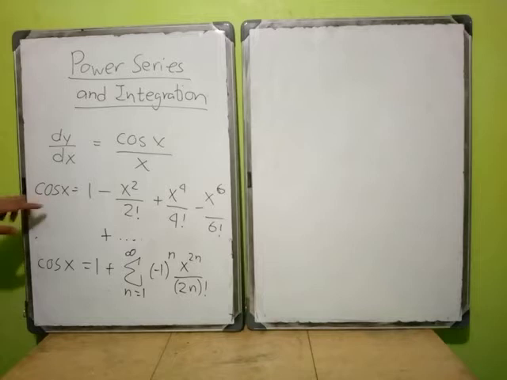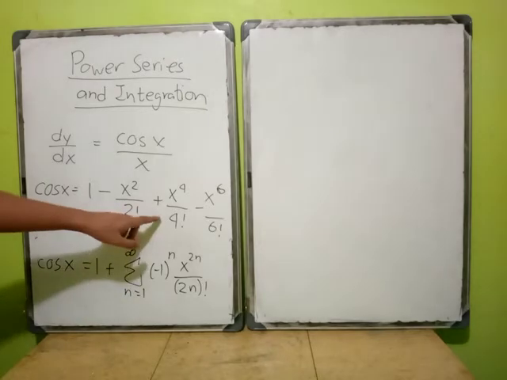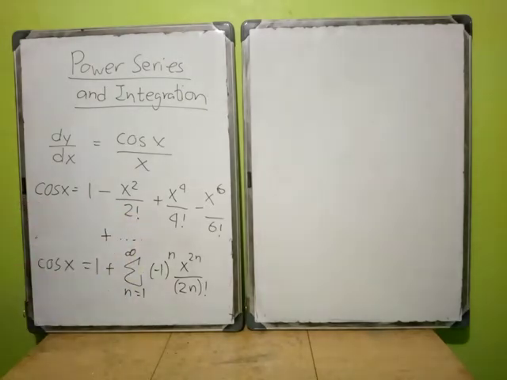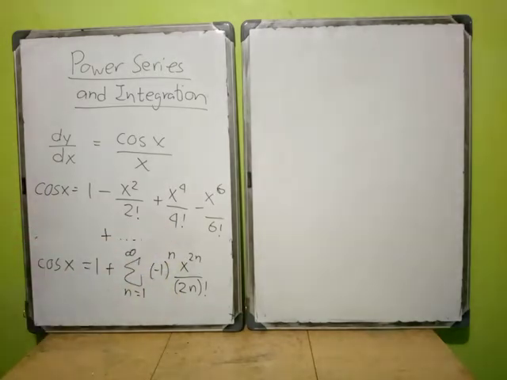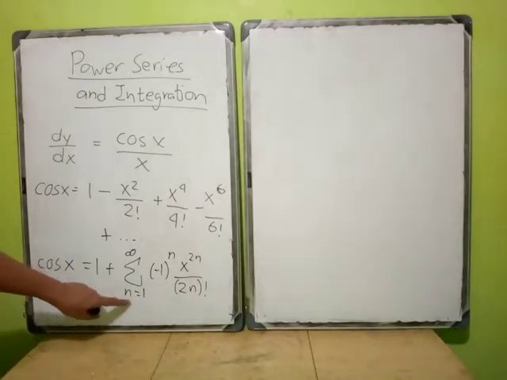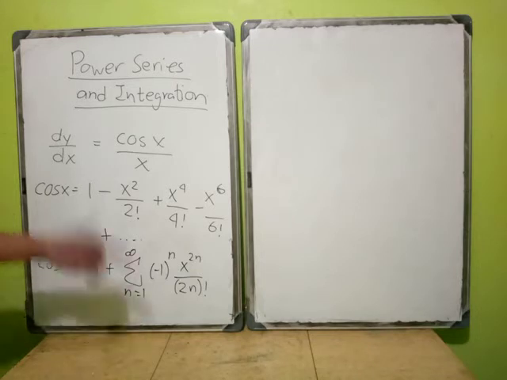Cosine x is equivalent to 1 minus x squared over 2 factorial plus x to the power of 4 over 4 factorial minus x to the 6 over 6 factorial plus etc. In power series form, cosine x is equivalent to 1 plus the infinite sum of negative 1 to the n multiplied by x to the 2n over 2n factorial, where n counts from 1 up to infinity.